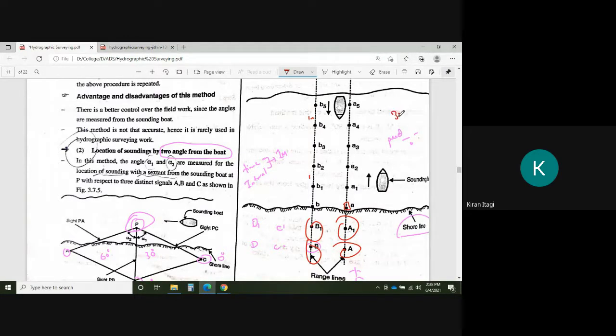Yesterday you kept 30 kilometer per hour, so the next day also you should keep the boat at 30 kilometer per hour, and start traveling. At 1 minute you will get the A1 point, after the second minute the A2 point, after the third minute the A3 point, after the fourth minute the next point. So the speed of the boat should be the same as the previous day.